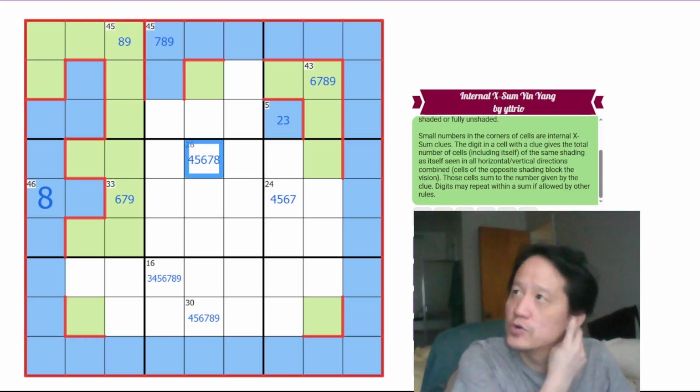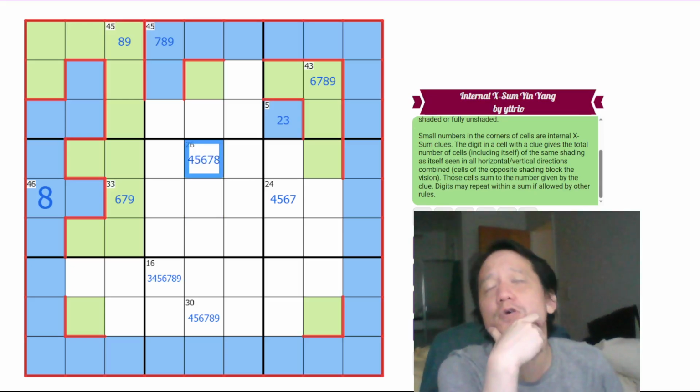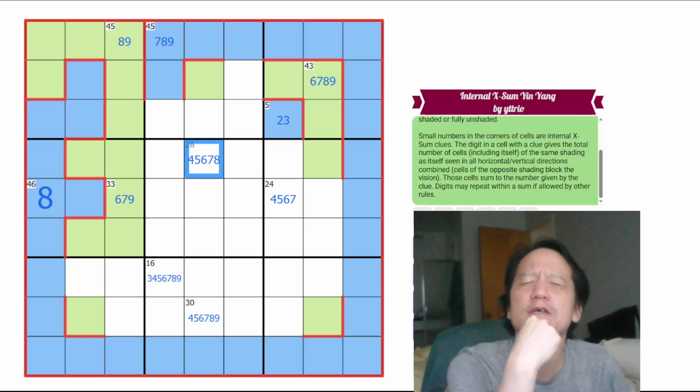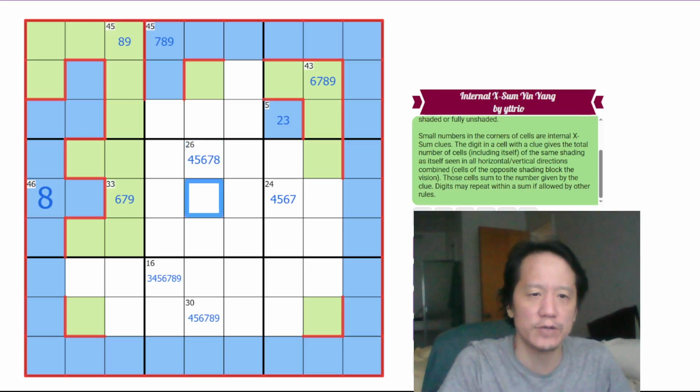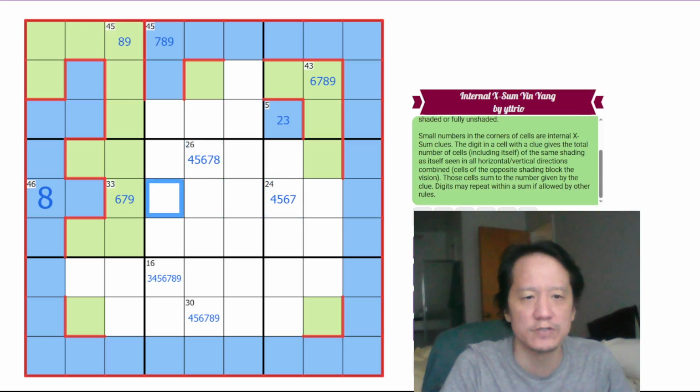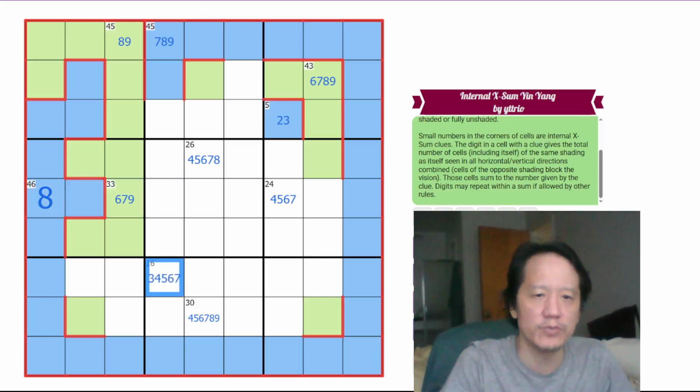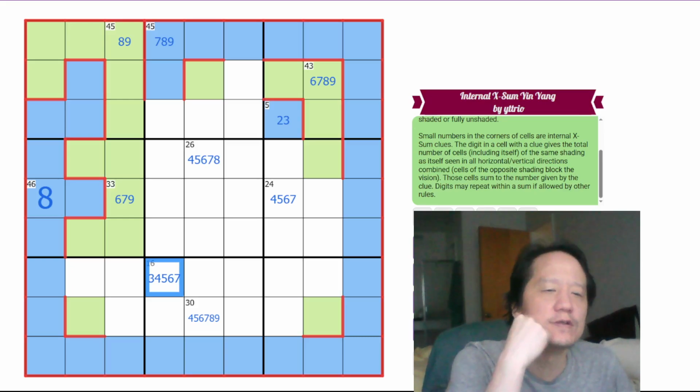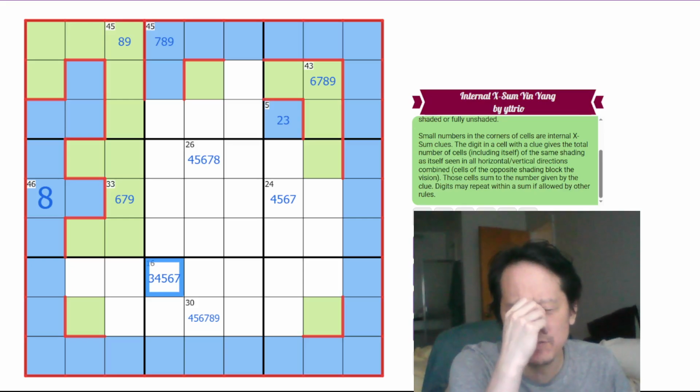29. 8 could work. 1, 2, 3, 4, and 1, 2, 3. So that's 16 plus 8 is 24. So 8 could work, but this can't be 8 because of the 8 in the row. So this can't be 8 or 9. What about 7? 7 could have 1, 2, 3, and 1, 2, 3 add up.